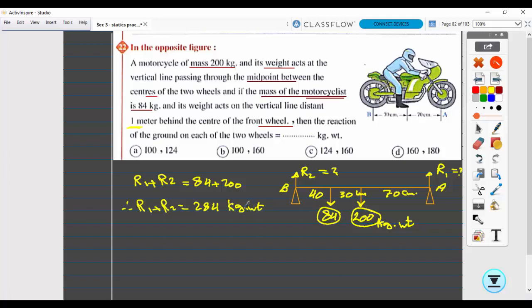Okay, and this is equation 1. Now in equilibrium, the sum of moments of the forces about any point equals 0.